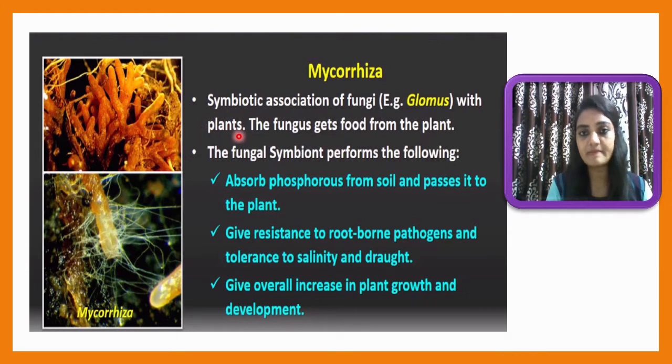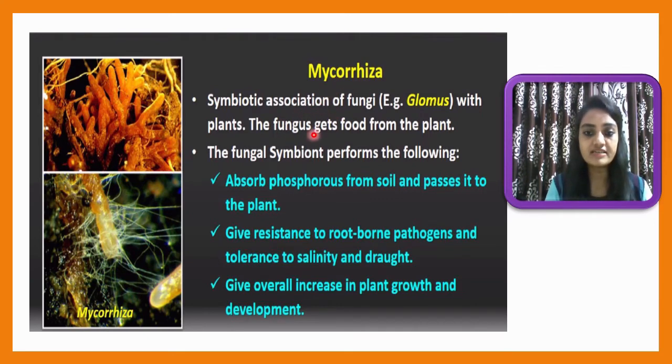Here you can see the word myco, which means fungi, and the last part, rhiza, means roots. So if the roots of a plant and a fungus are symbiotically associated, that structure is called mycorrhiza.